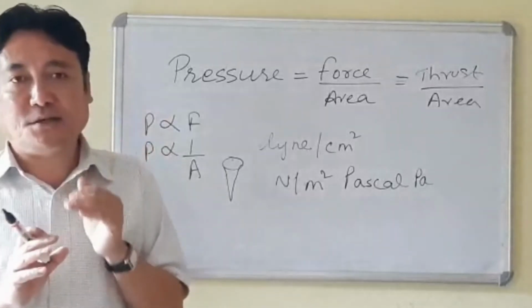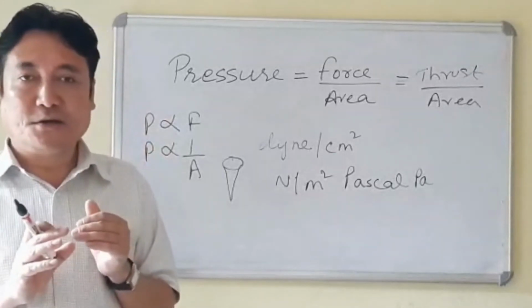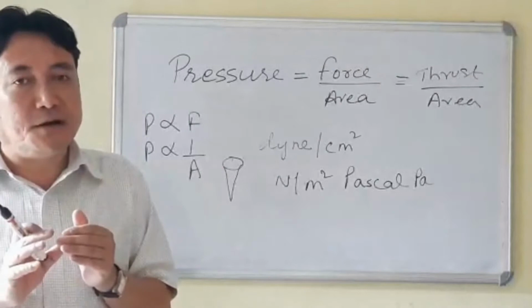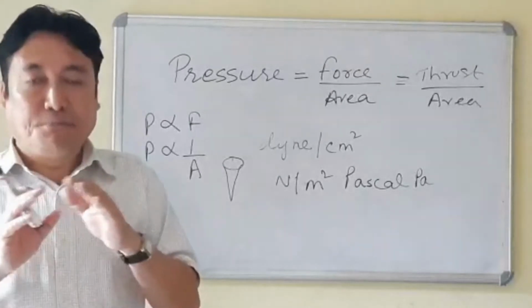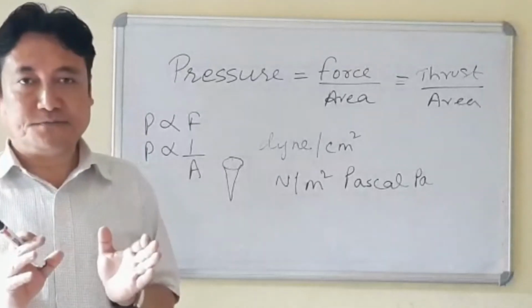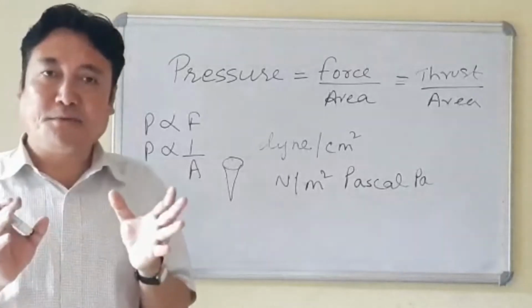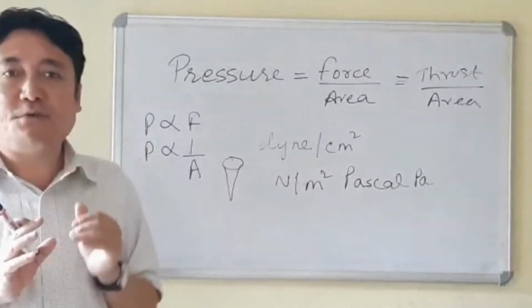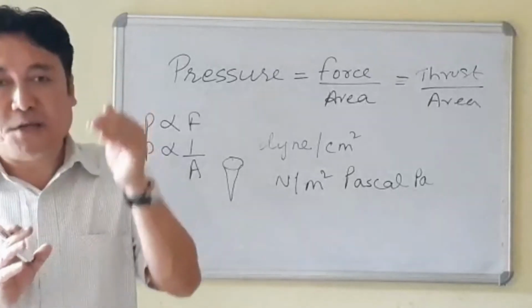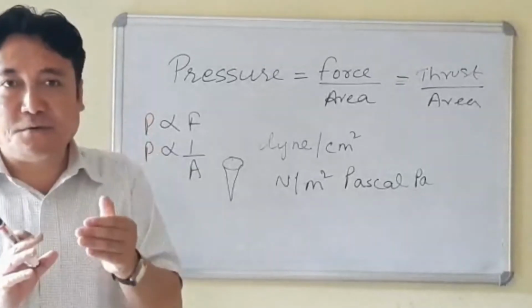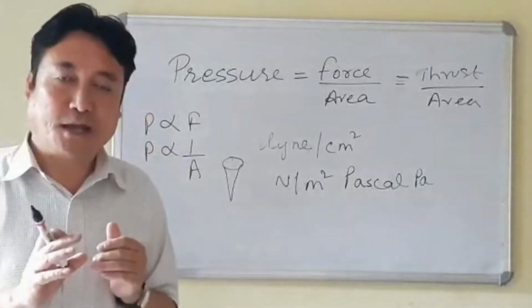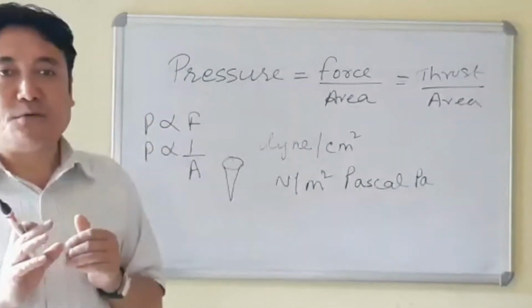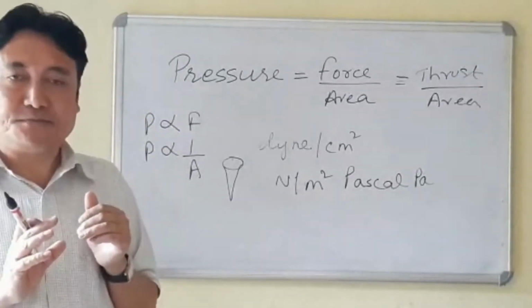So the foundation of the building should be strong, and the base should be made broad. That means the surface area should be larger. When the surface area becomes larger, the pressure becomes less, and therefore the building will not collapse. So this is one way in which the pressure can be decreased.